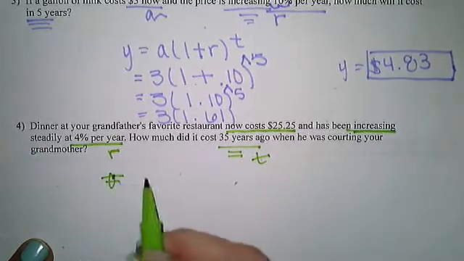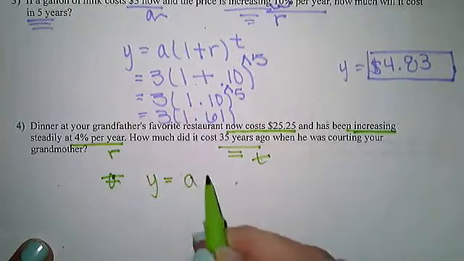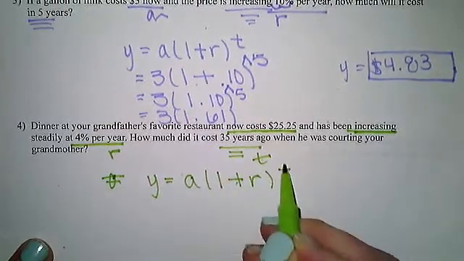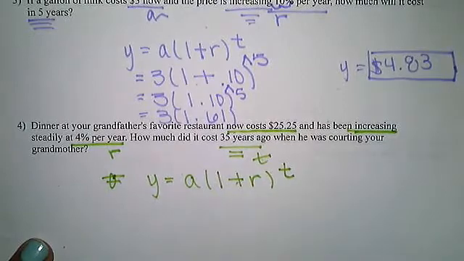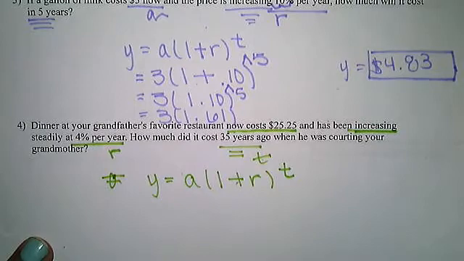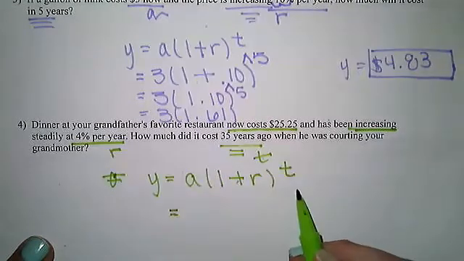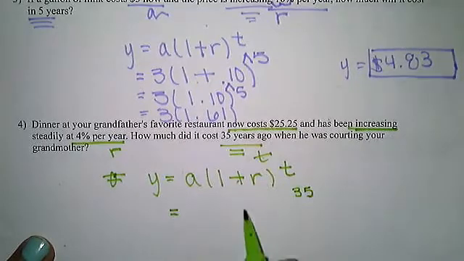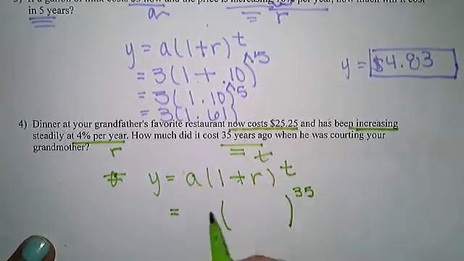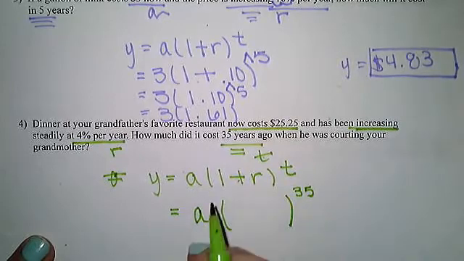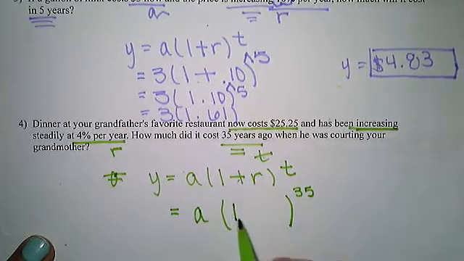So we're going to write out y equals a times 1 plus r to the t. And we are asking what it cost 35 years ago. So this is where it's a little trickier. So 35 is the time, but what we don't know is what it was 35 years ago.